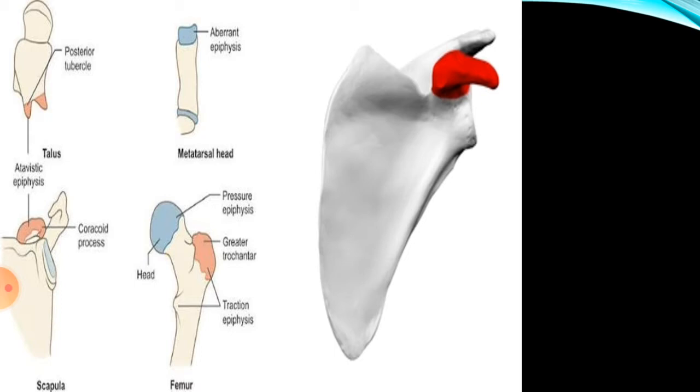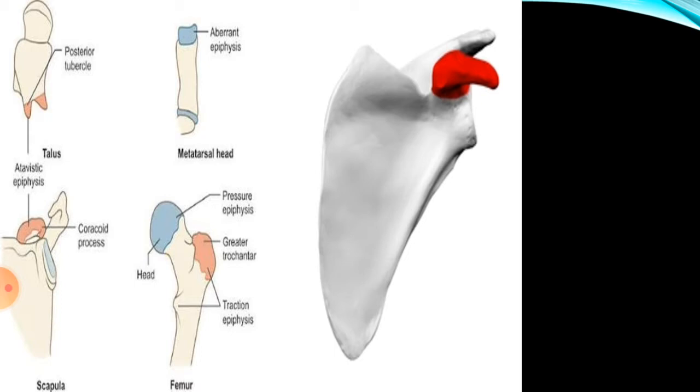Once again, that part of the long bone that is going to take part in the formation of the joint, we are calling it the pressure epiphysis. And that part that is not going to take part in the formation of a joint, or is the non-articular part of your long bone, we are calling it the traction epiphysis.